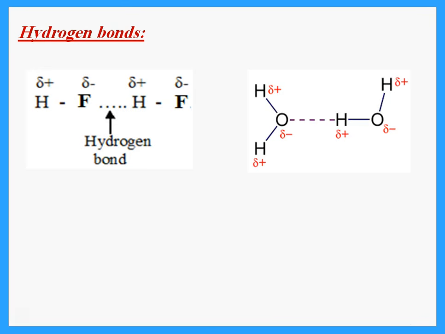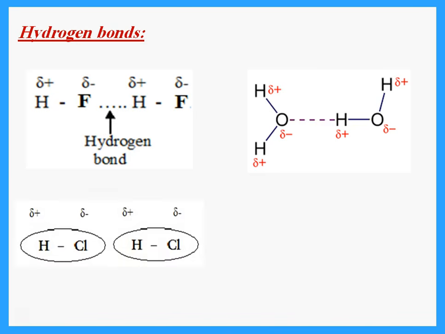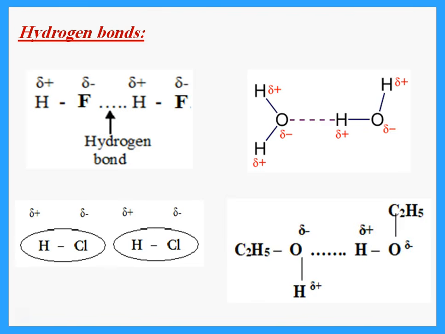So again, when do we have hydrogen bonds? If I have an electronegative element attached to hydrogen. Water, for example, has hydrogen bonds between its molecules. Things like HCl would have hydrogen bonds between its molecules. Things like ethanol. Ethanol also has a hydrogen attached to oxygen, and alcohols in general will have hydrogen bonds.